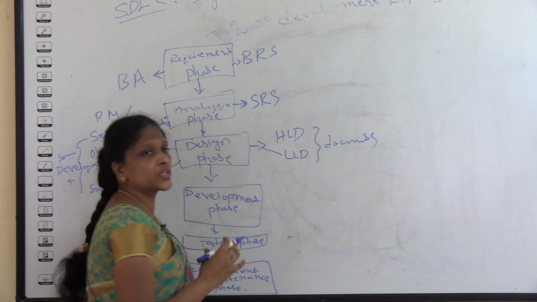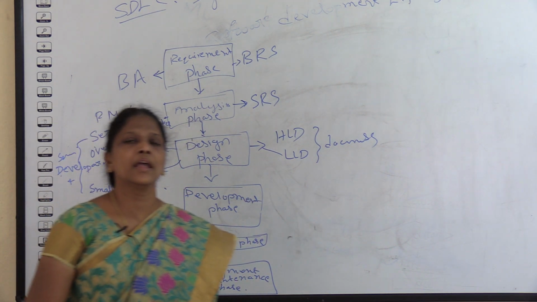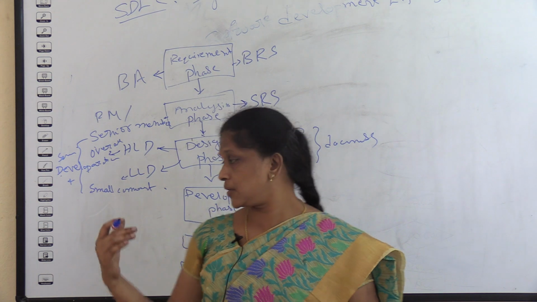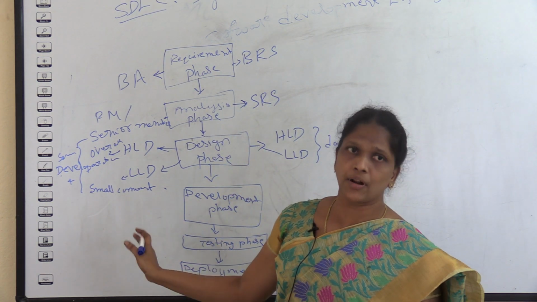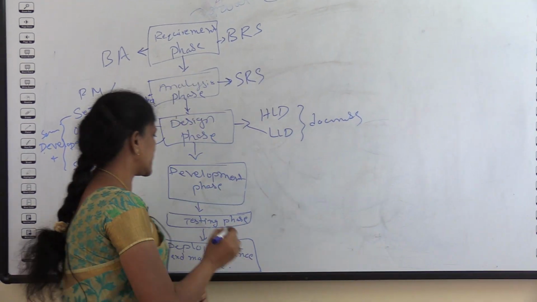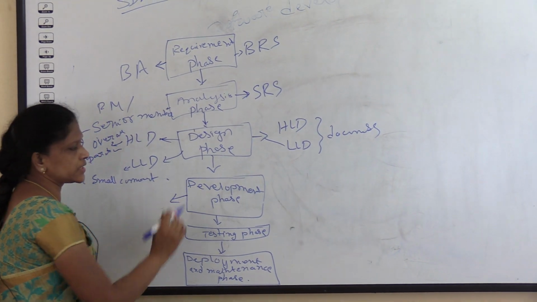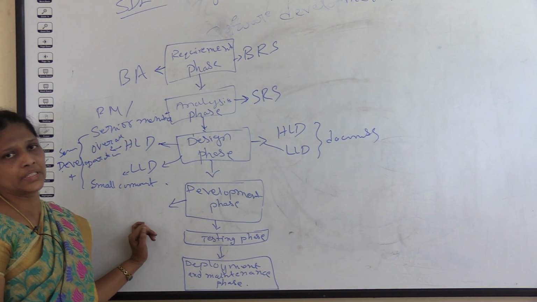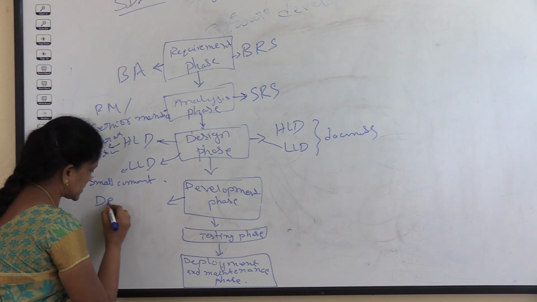In this phase, actual coding is done; it starts from the development phase. Coding, nothing but. Who is involved in the development phase? Developers are involved in the development phase.